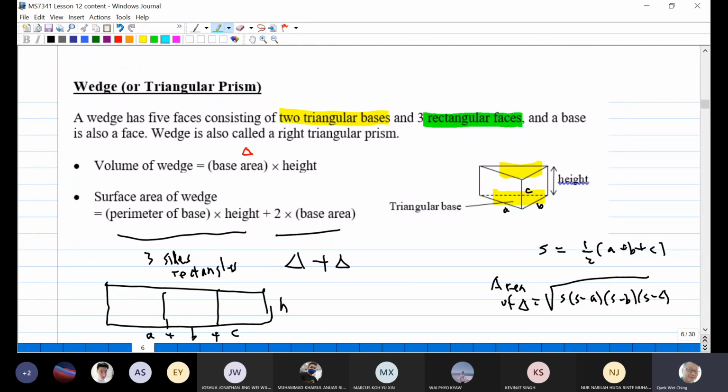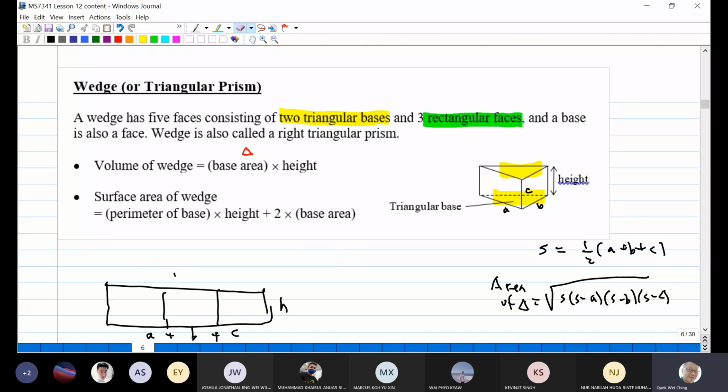Okay, then the next one I want to talk about is wedges. What is a wedge? Let me clear this first, there is too much information here. The wedge has 5 faces. Where are the 5 faces?